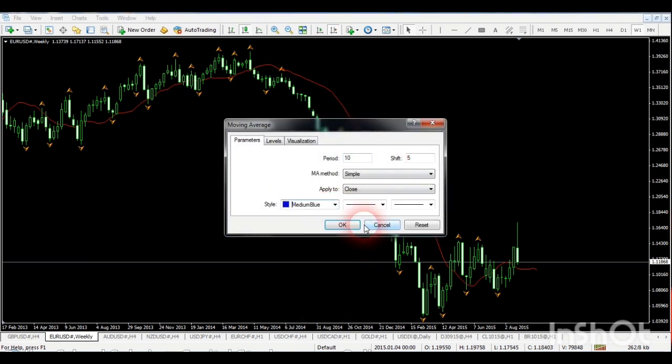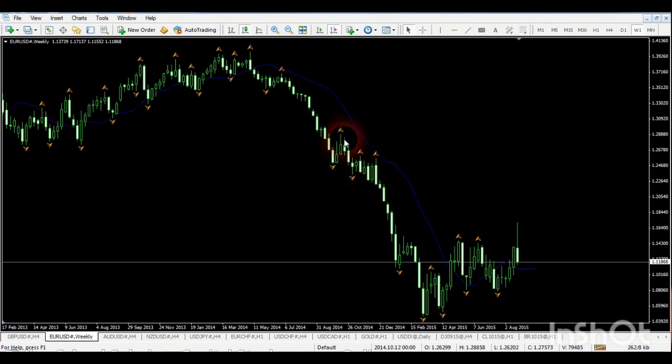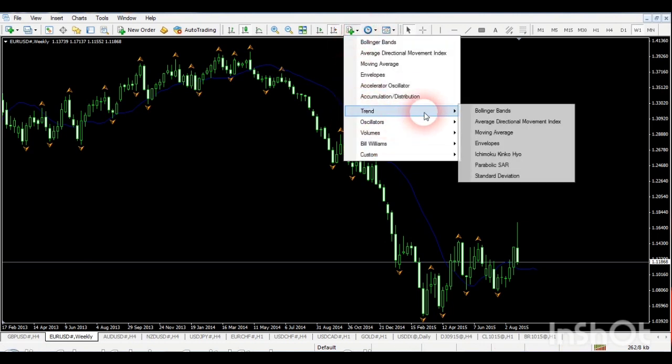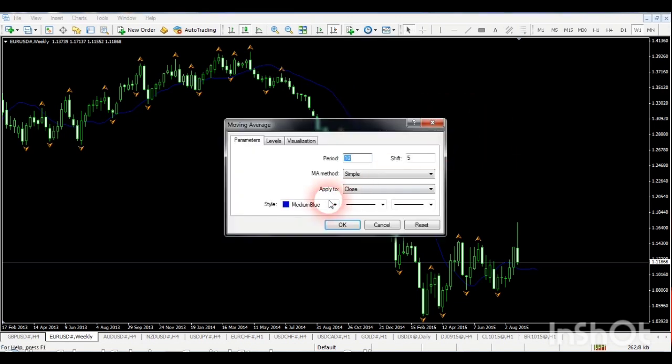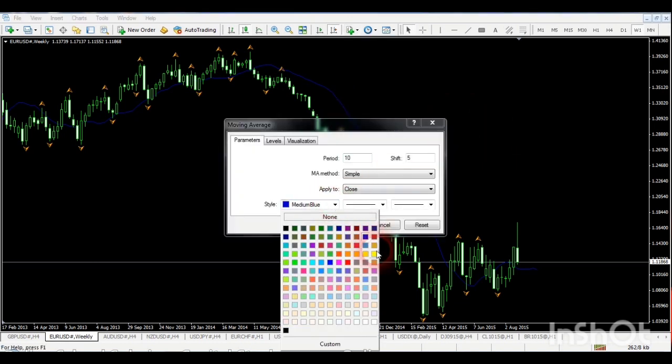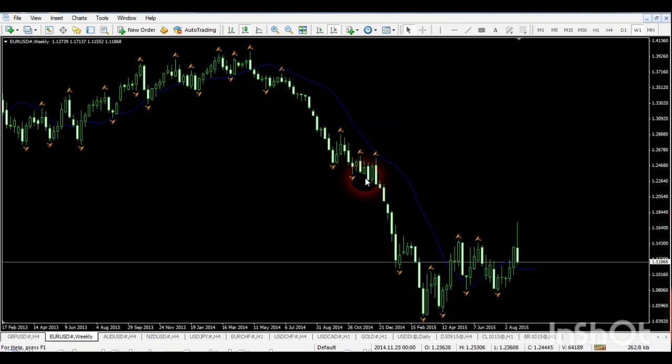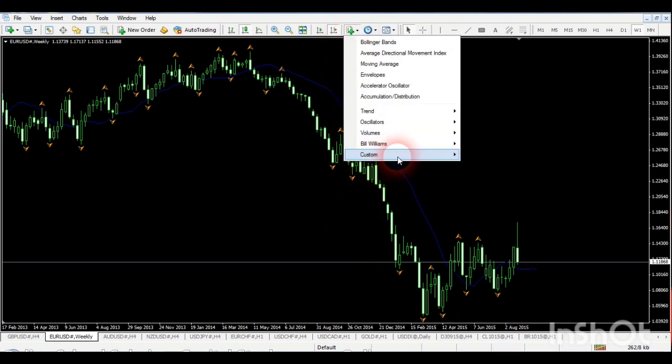It's important that it sets with your trading strategies. Okay, let me change the color of my indicator. I want to tell you a technique in this part. We choose the moving average again with another line, with another color.